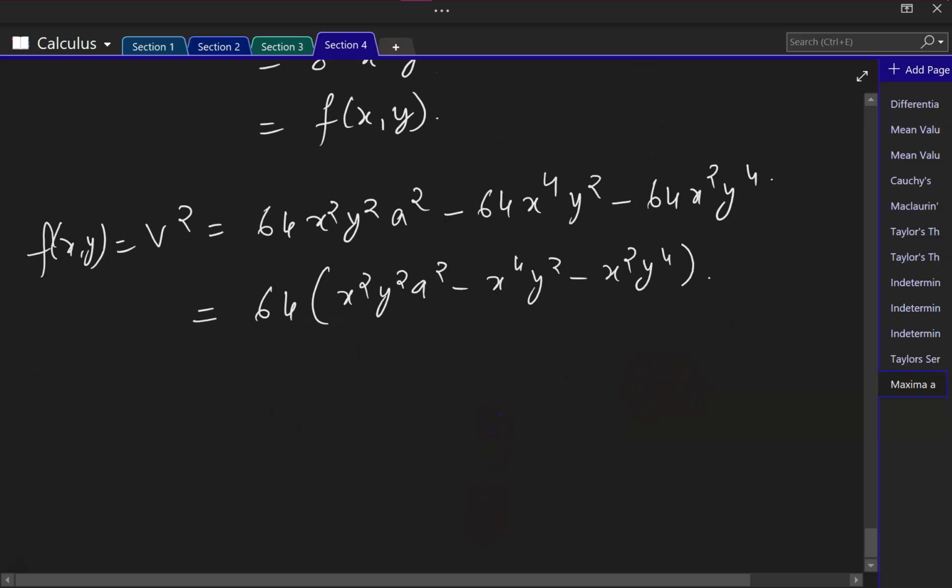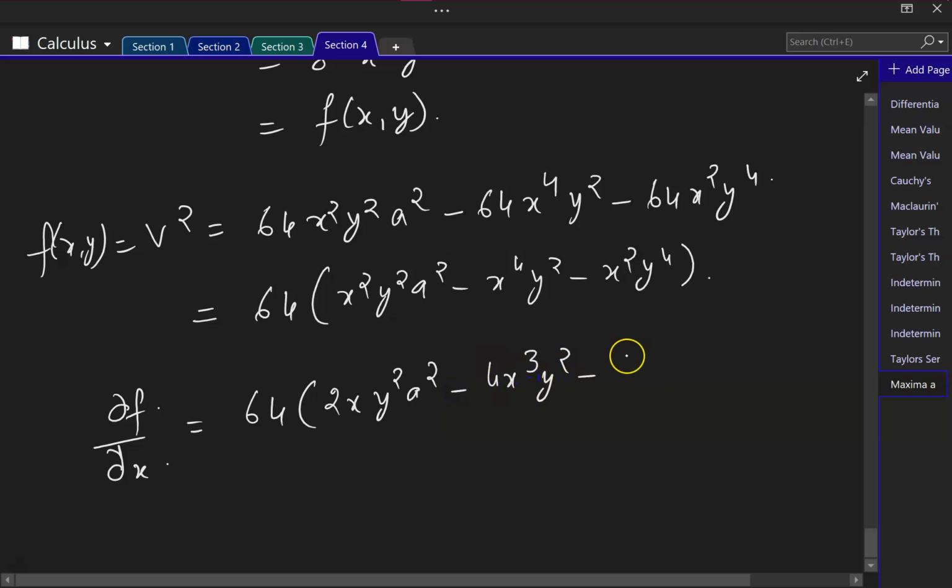Now that we have it like this, let's find the partial derivative with respect to x, dou f by dou x. This will give us 64 as it is, with respect to x: 2x y square a square minus 4x cube y square minus 2xy4.